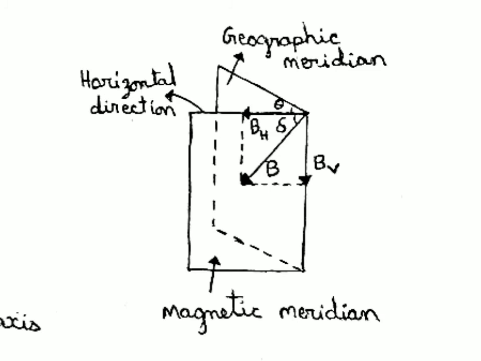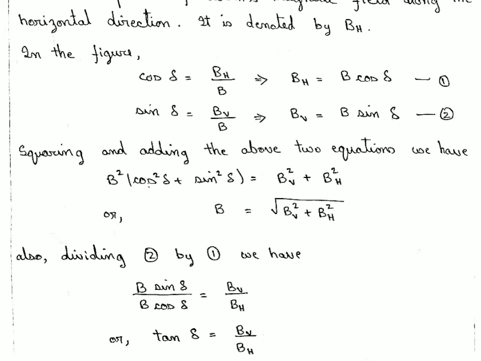Hence, B can be expressed in terms of BH and delta. So in the figure, we see that cos delta is the base, which is BH, divided by the hypotenuse, which is B. Hence, BH will be equal to B cos delta.